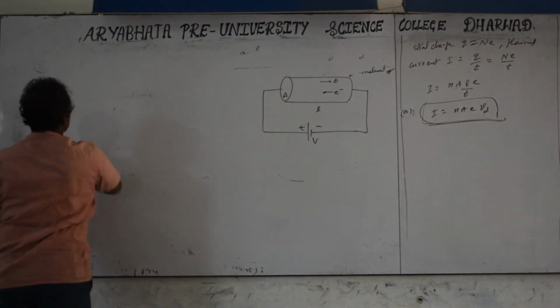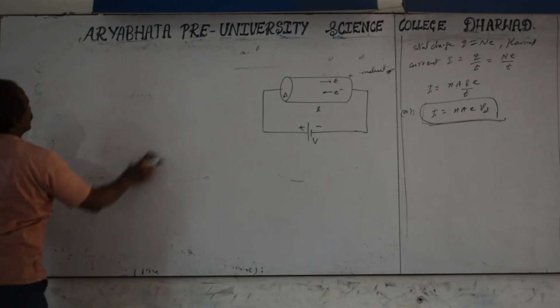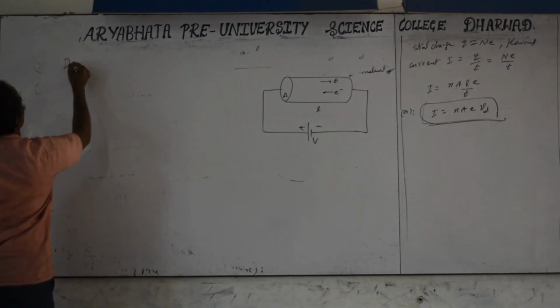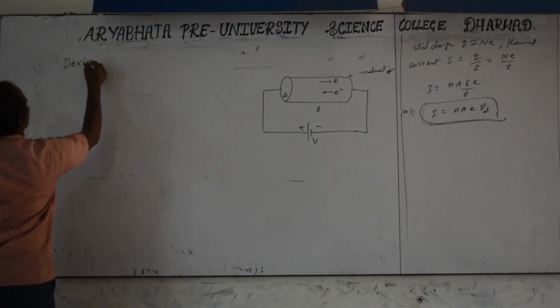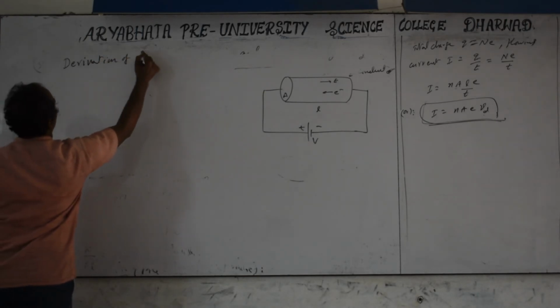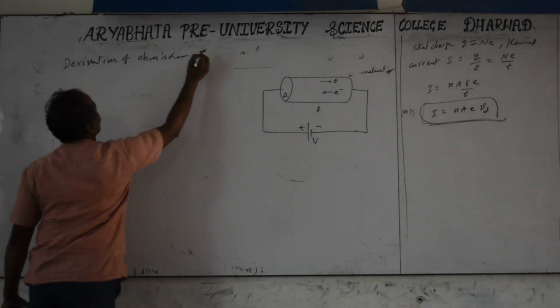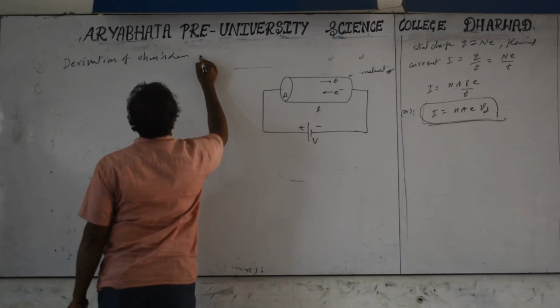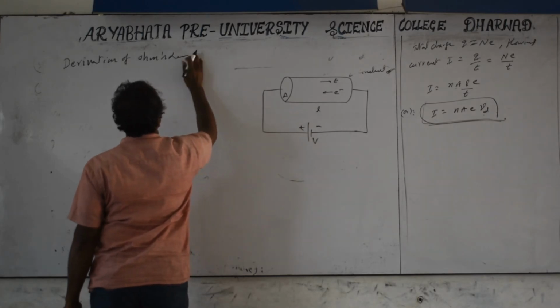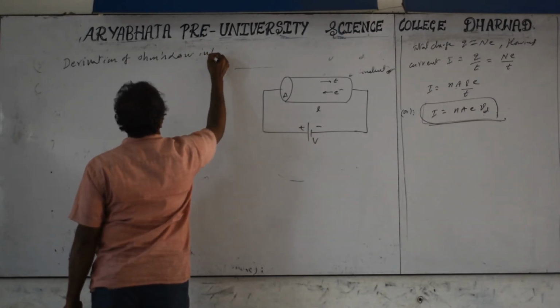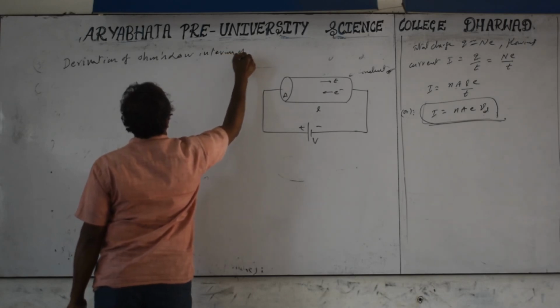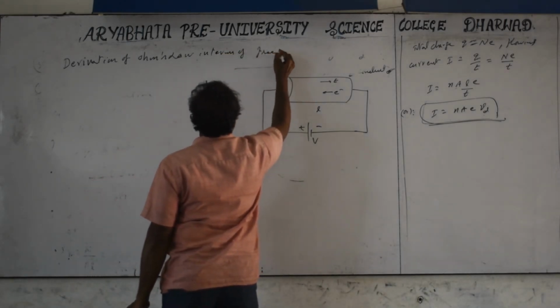Next point is the derivation of Ohm's law. The derivation of Ohm's law is in microscopic form, or in terms of free electron density.